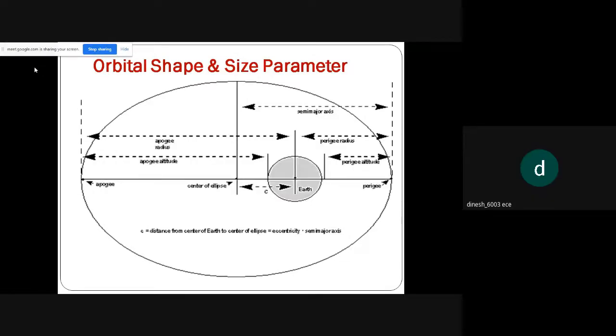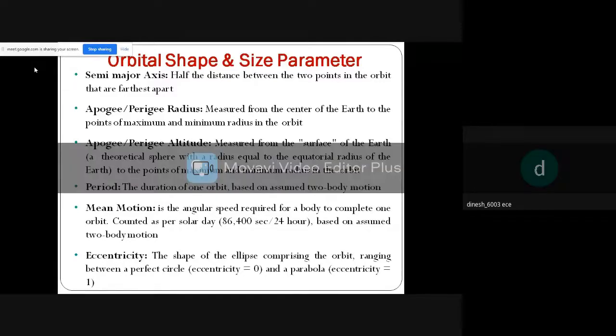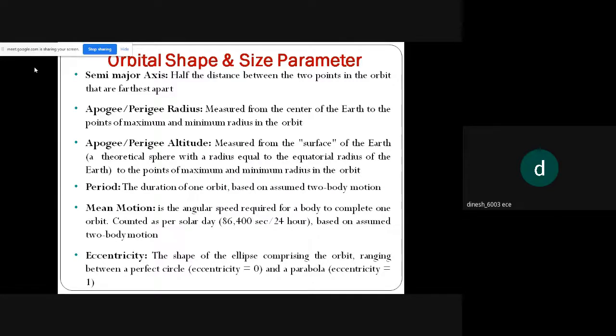So half of that is your semi-major axis. Then apogee or perigee radius. So the apogee or the perigee radius can be calculated by measuring from the center of the Earth to the points of maximum for apogee and points of minimum for perigee. So we can equally define the apogee radius and perigee radius.